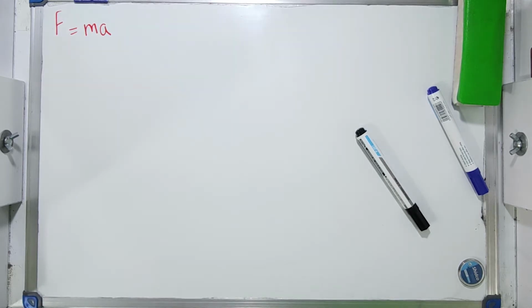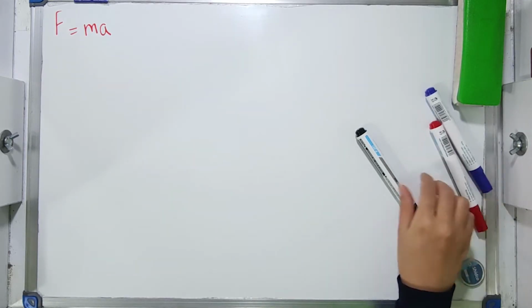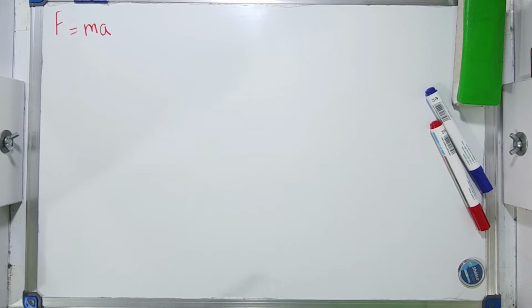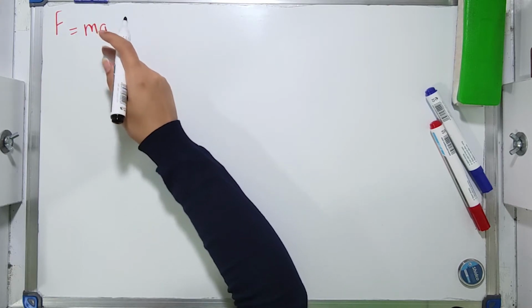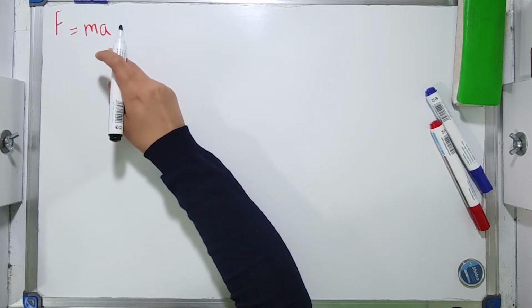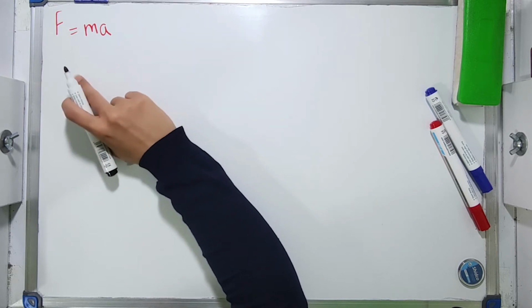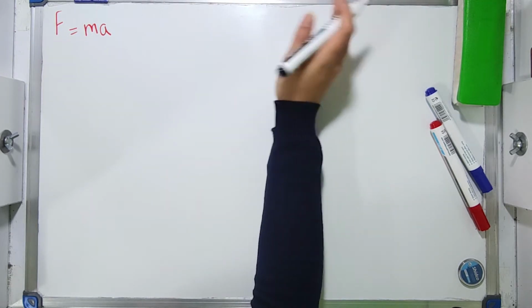So let me just give you an example. If I ask you, for example, you have a mass of 5 kilograms, acceleration is 2 meters per square second, find the force, it's really easy.